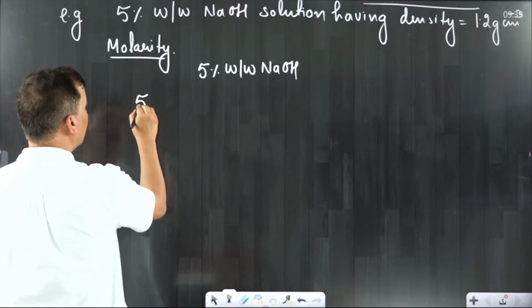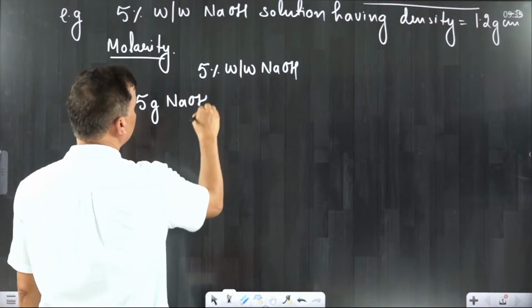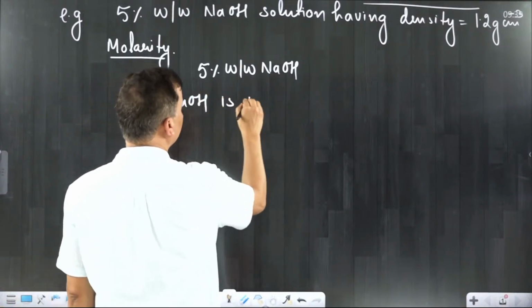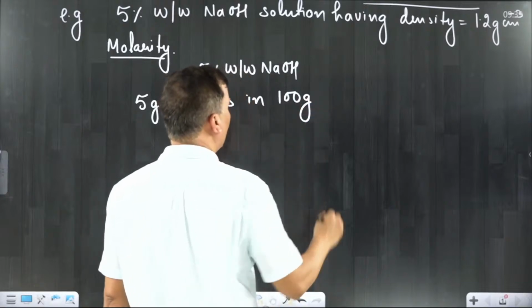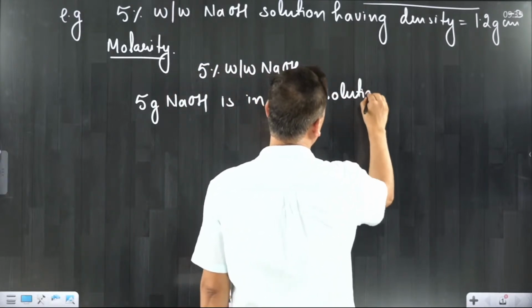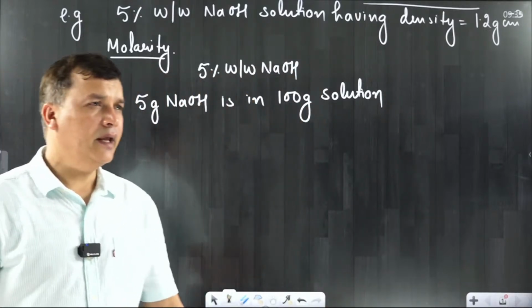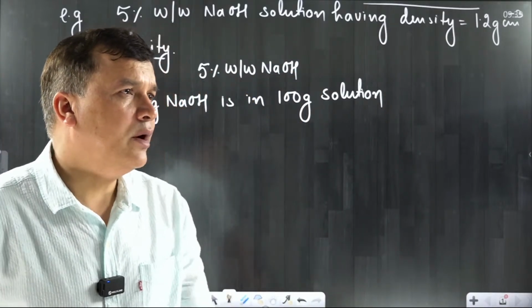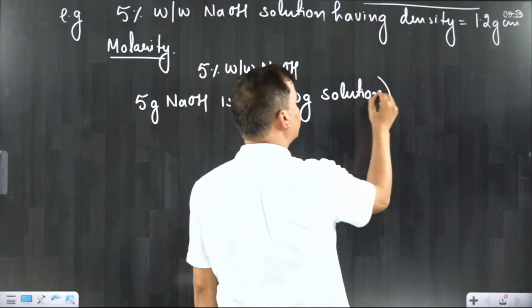This means 5 gram of NaOH is present in 100 gram of solution. Is that clear or not? So this is the mass of the solution.